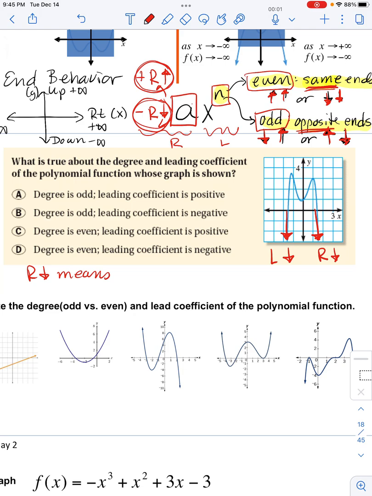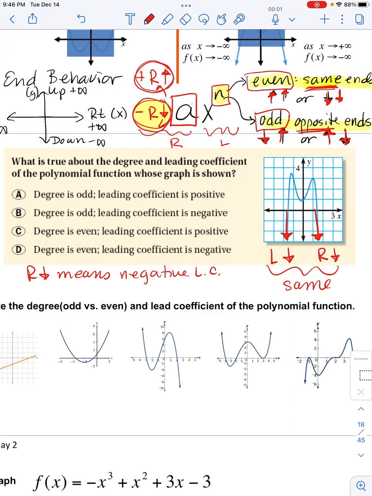Looking up at your notes, a right end that's going down means that you had a negative coefficient. So I'm going to have a negative leading coefficient. Now the left end is also going down. I don't really care that it's going down. What I care about is that it's doing the same thing as the right.